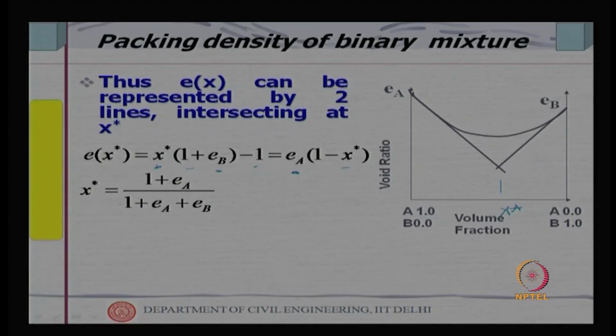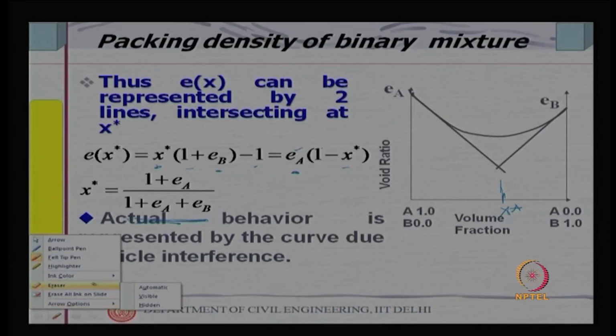If you bring the terms to the other side, the coefficient of x star will be 1 + E_a + E_b, and the term independent of x star goes to the other side, so you will have (E_a + 1) divided by this. So x star can be algebraically evaluated as this, and that is the optimal proportion at which the void ratio will be minimum. In other words, packing density will be maximum.